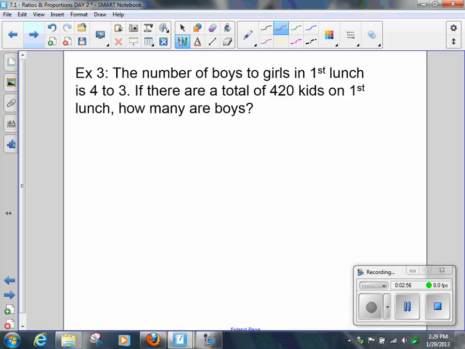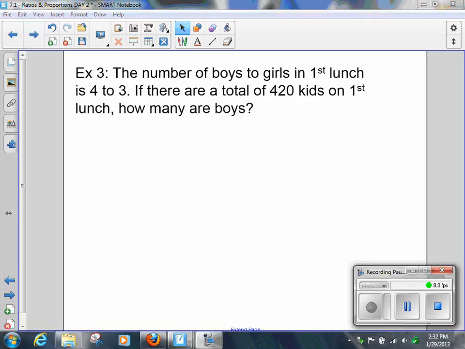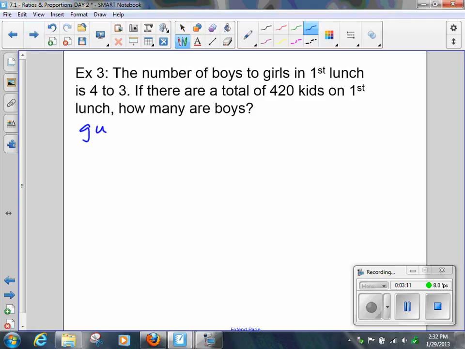You do this one. The number of boys to girls in first lunch is 4 to 3. If there are a total of 420 kids on first lunch, oh my Lord, how many boys? That's a lot. Let's think about it. Guide. Cody, you said boys to girls. Absolutely.